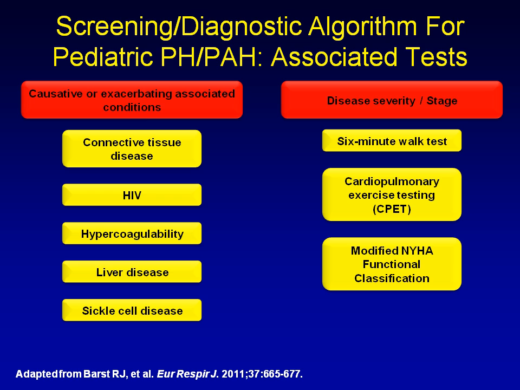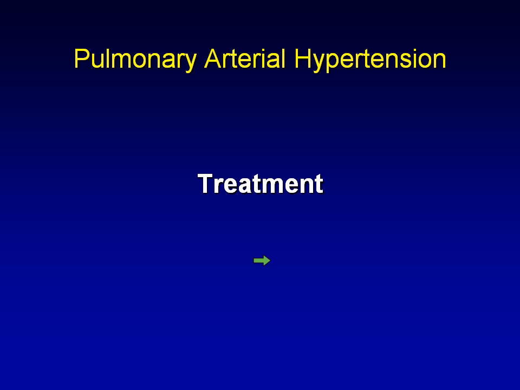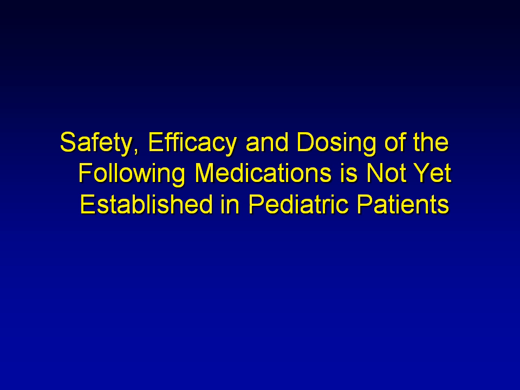So when we look at treatment, first off, it's really important to know that these medications are not approved for children. They're approved for adults. And most of the time, we don't have a big clinical trial that tells us this is the right medicine for your child.